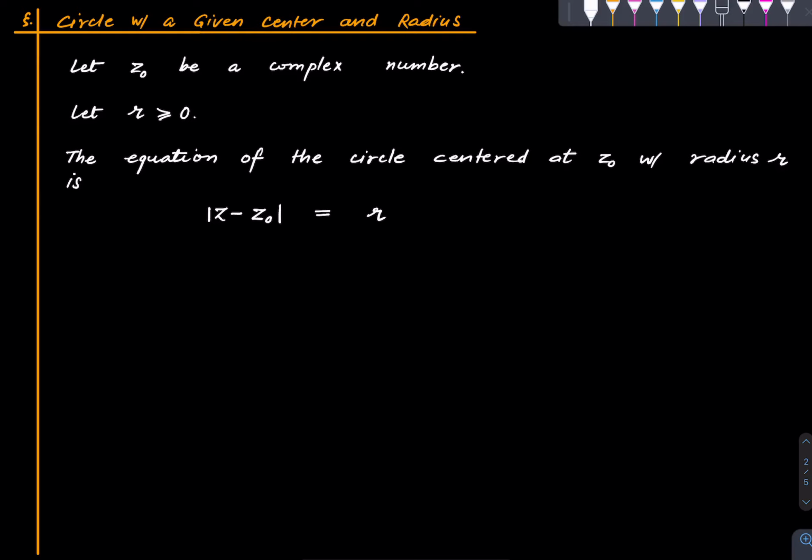But we do not like modulus, so we square it. So we get that. And since r is non-negative, note that this is actually an if and only if.